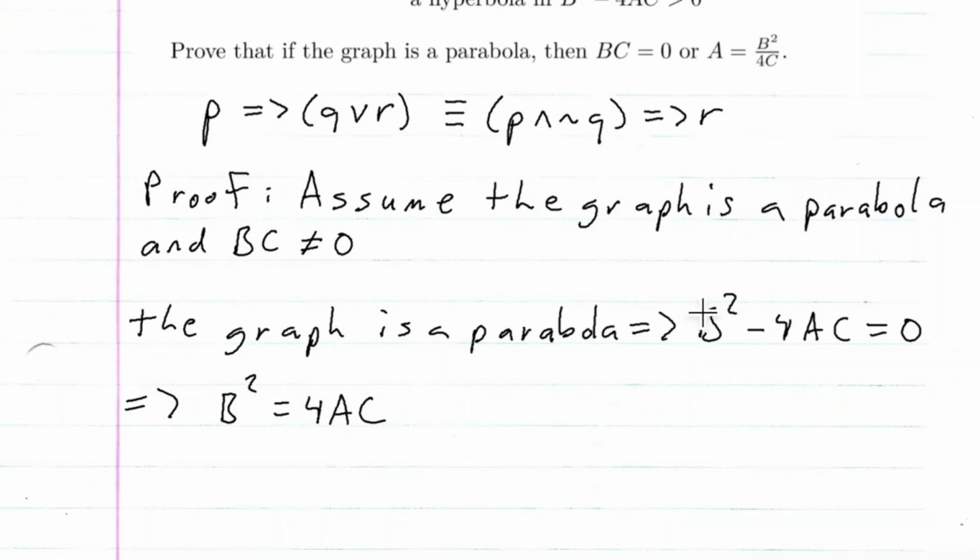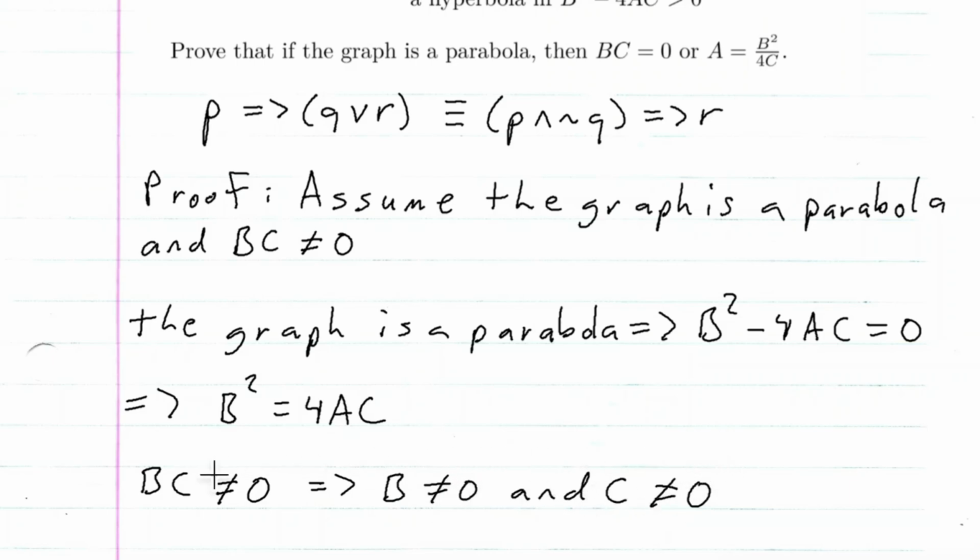But what we need to know, and we do know, since BC does not equal 0, this implies that B can't be 0 and C can't be 0, right? Because if B was 0, then 0 times anything would be 0. If C were 0, then 0 times B would be 0.